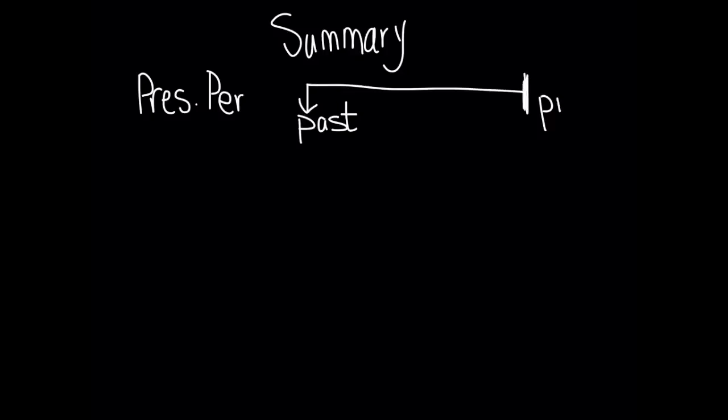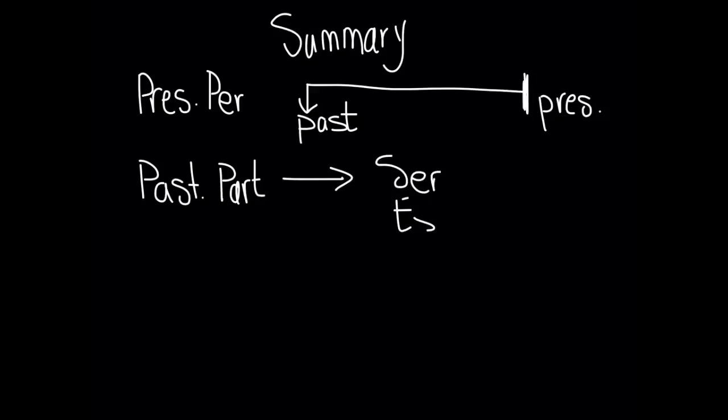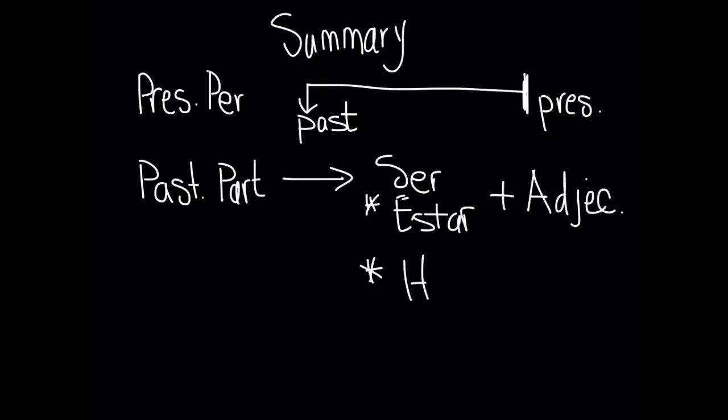So in summary, first, the present perfect indicates an action that began in the past and continues into the present from the perspective of the speaker. Second, past participles, when they are placed after ser or estar, act as adjectives, and they agree in both gender and number.